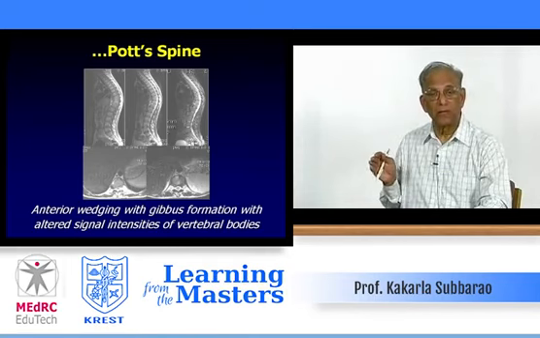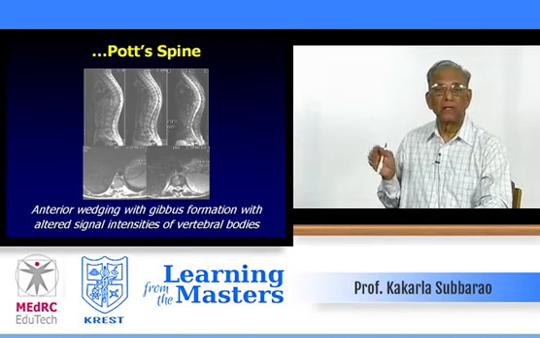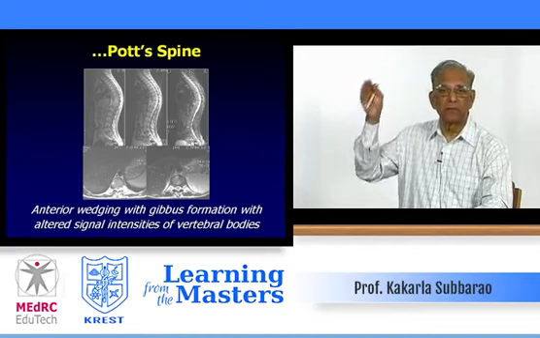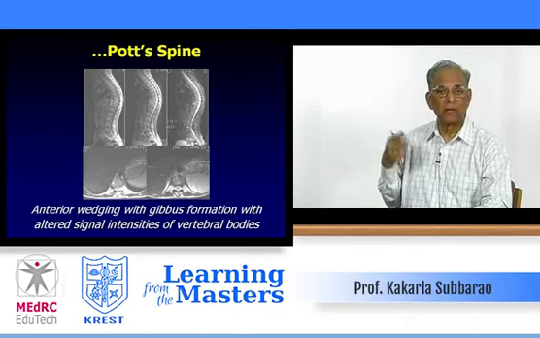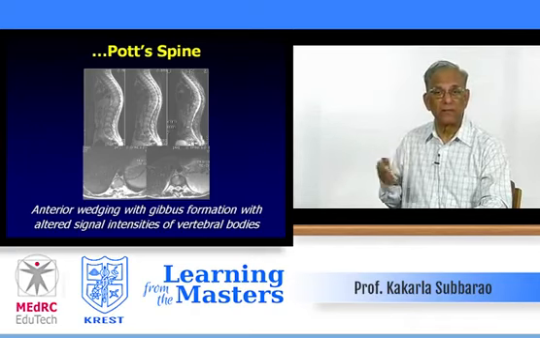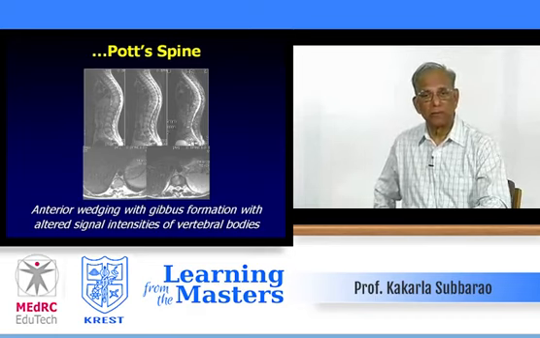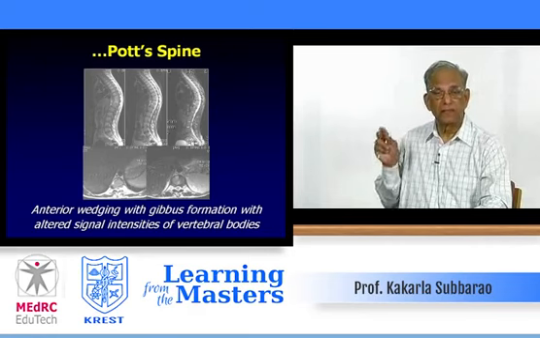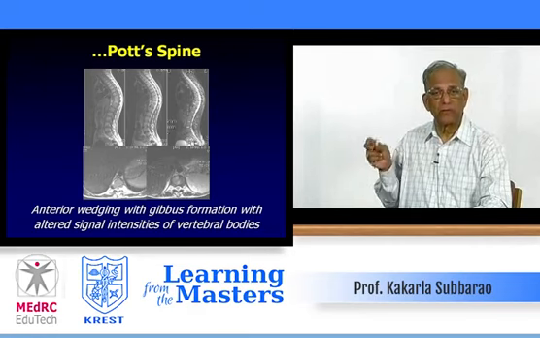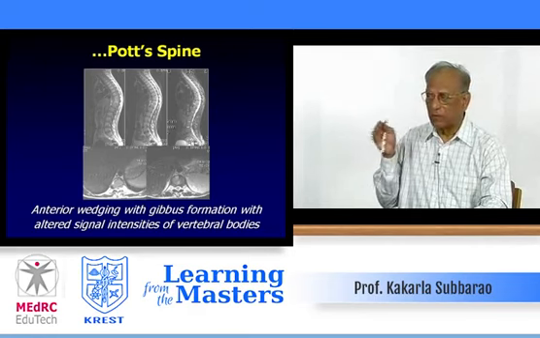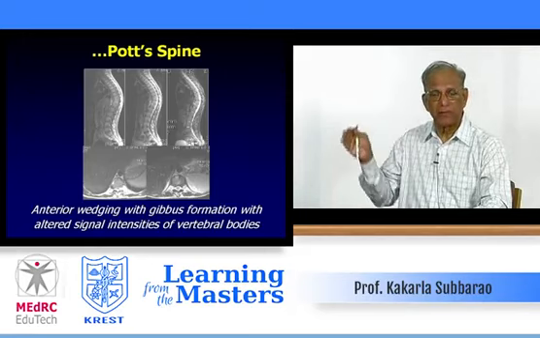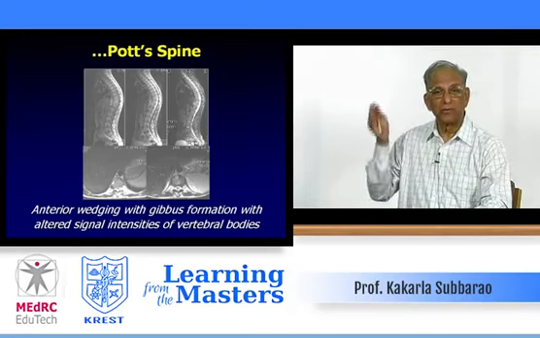Not only that, MRI helps in noting the multiplicity of the vertebral involvement, which are undetected or not significant clinically, but it may involve vertebral bodies. Another thing is, this paravertebral soft tissue swelling or the abscess may go posteriorly and compress upon the spinal cord, producing neurological symptoms.